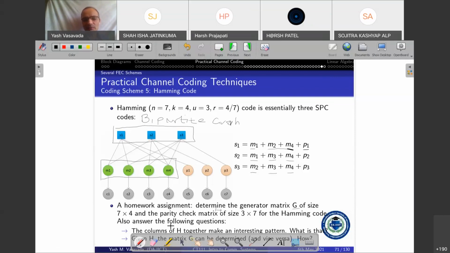So if you can see what that pattern is, let me know. And the other thing that you may be able to observe is that for all of these coding schemes, if you have H, you can get G, or if you know G, then you can very simply write H. So see if you can find out that relationship between H and G.